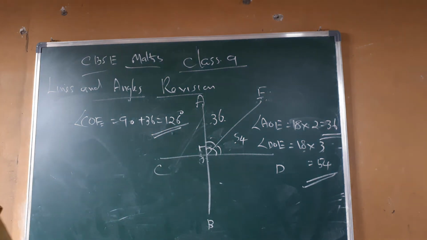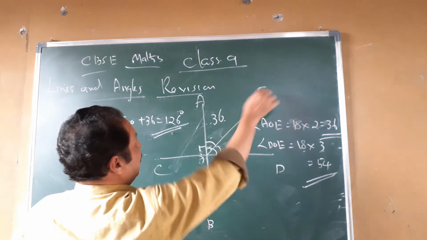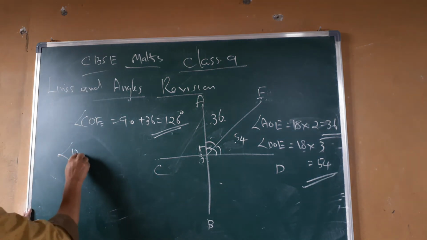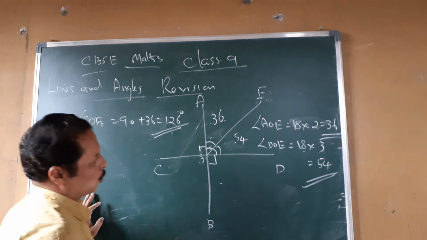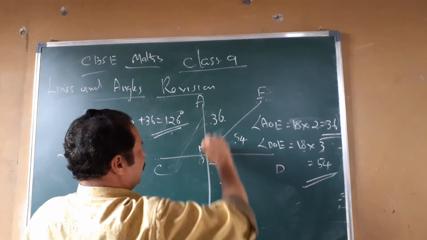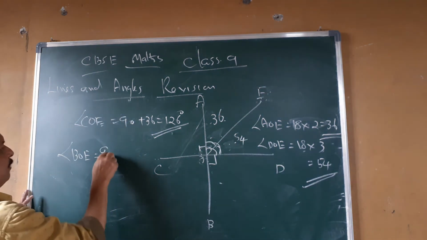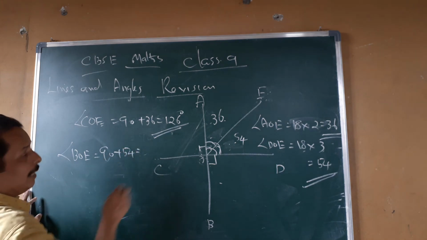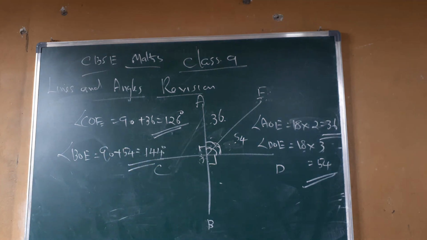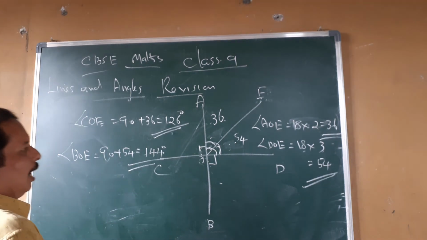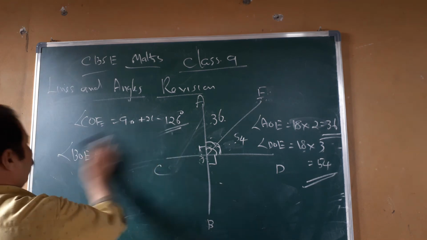Clear? Okay. Next angle BOE. If this is 90, means automatically here also 90. BOE, so 90 plus 54. That is 144 degree. Is it clear? And reflex angle of angle AOE.